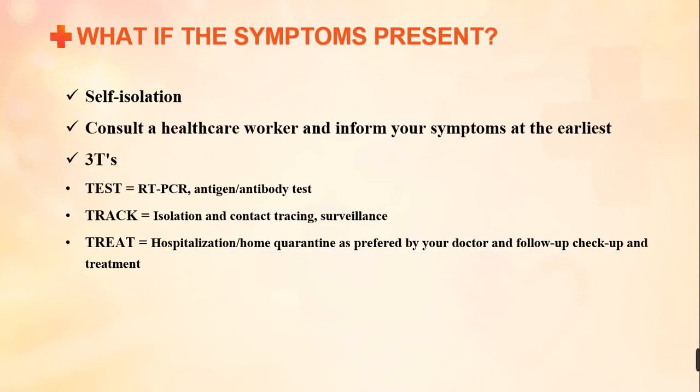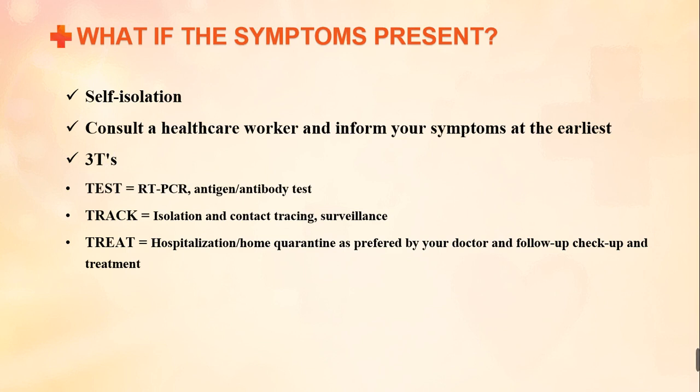And the next topic I'm going to talk about is what to do if symptoms are present. There are cases where people are symptomless, but if symptoms are present, first, self-isolate, then consult a healthcare worker and inform them that you are having symptoms. The most important thing is the 3 T's: test, track, treat.